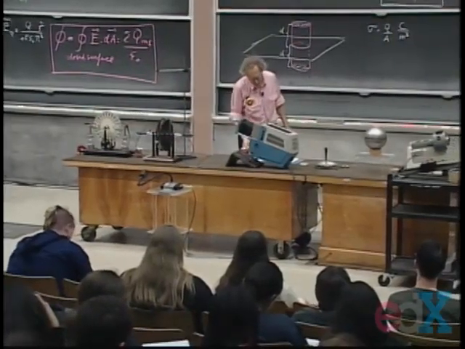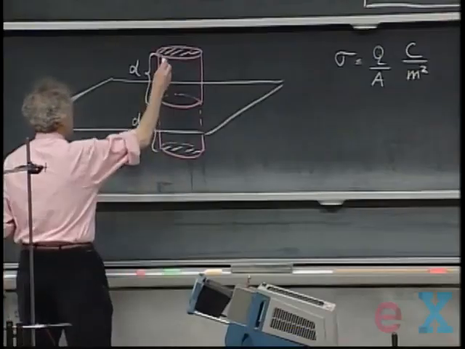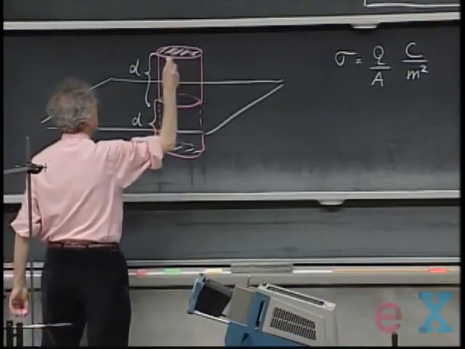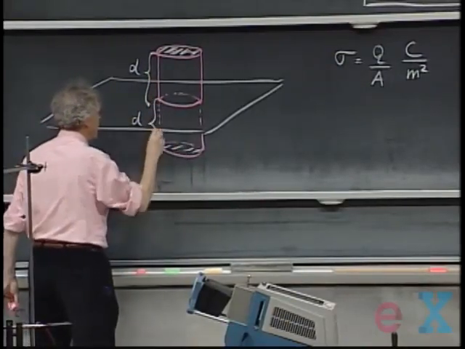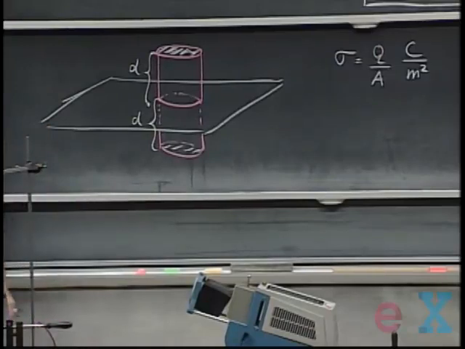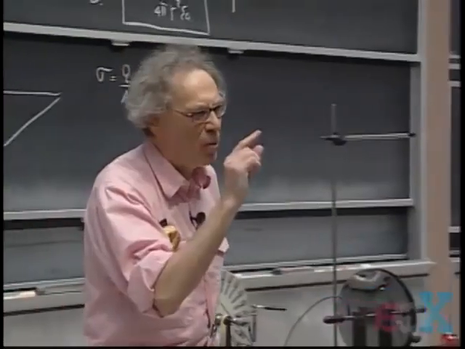And then the third argument, which is very important, is that this flat surface is a distance d above the plane, and that this flat surface is exactly the same distance below the plane. And you can already smell why that is important.